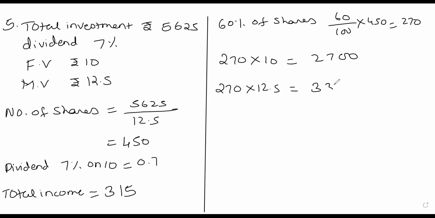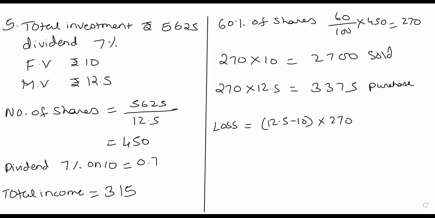So he sells 270 shares at 10 rupees, getting 2700, and he bought them at 12.5, that is 3375. So loss is 12.5 minus 10 into 270, that is 675. This is the loss from the transaction.